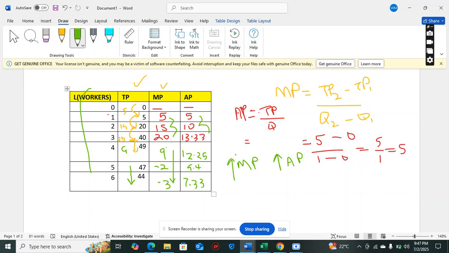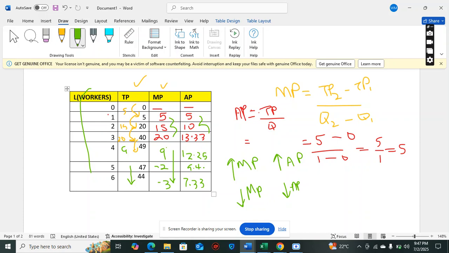All right. But when marginal product starts to reduce, it means average product is also going to reduce. You've seen when there was a drop from 20 to 9, even average product dropped from 13 to 12.25. There's a drop from 9 to -2, average product also dropped to 9.4.